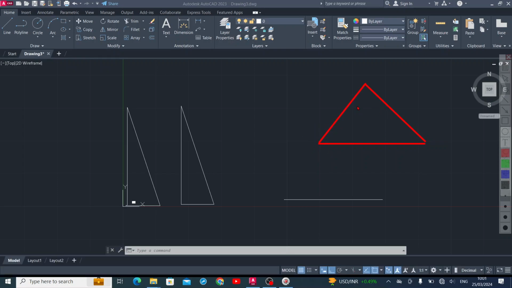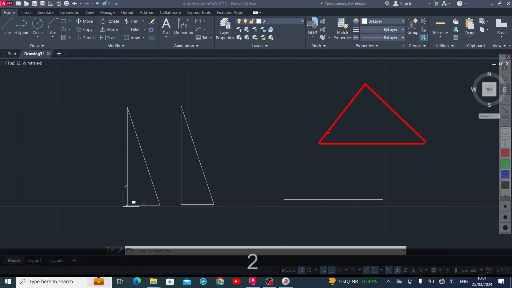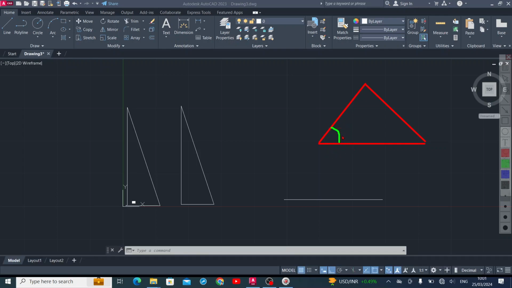This line length is 30, this line length is 30. If this angle is 60, then this angle will be 60, this angle will be 60.